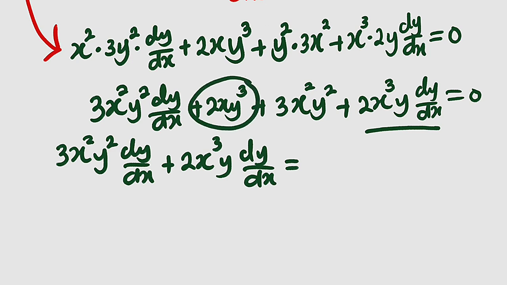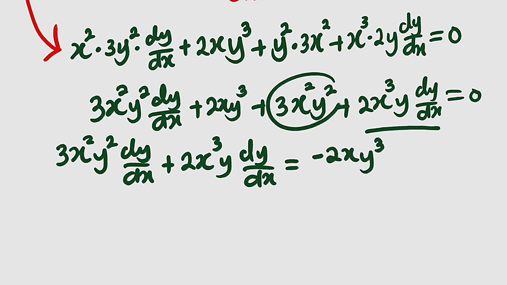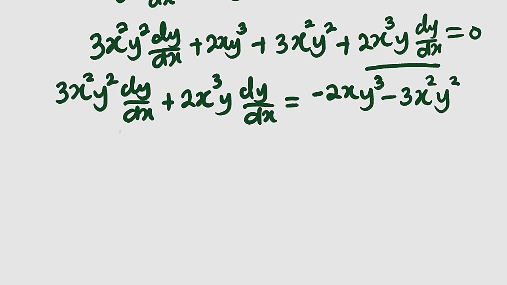If you take this one to the other side, it becomes negative 2xy cubed. If you take this one to the other side, it becomes negative as well, 3x squared y squared.